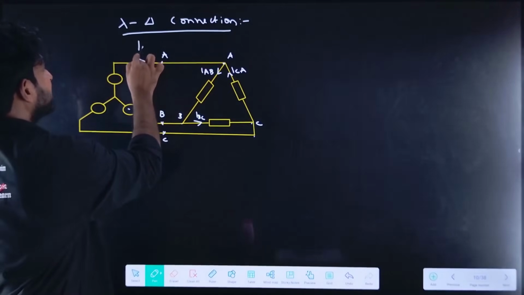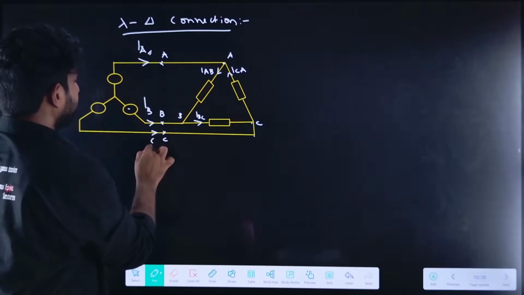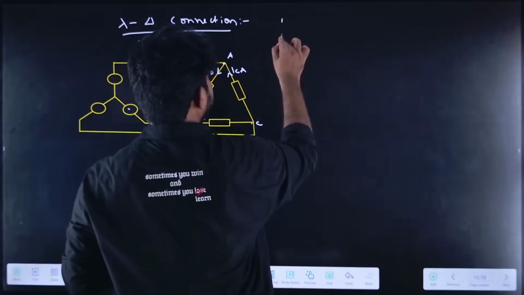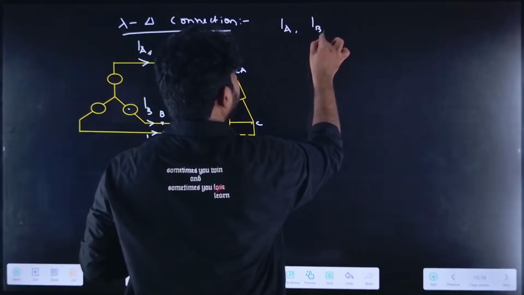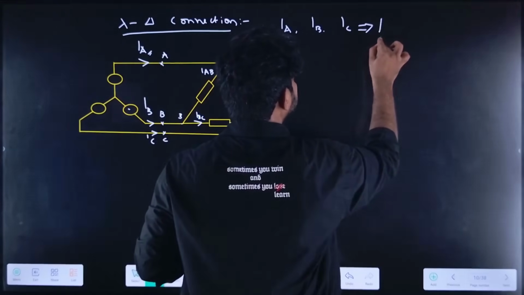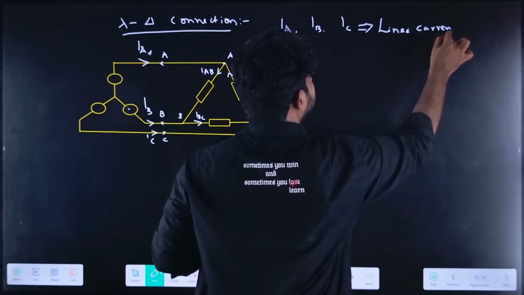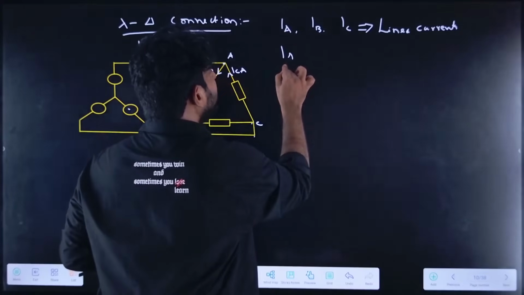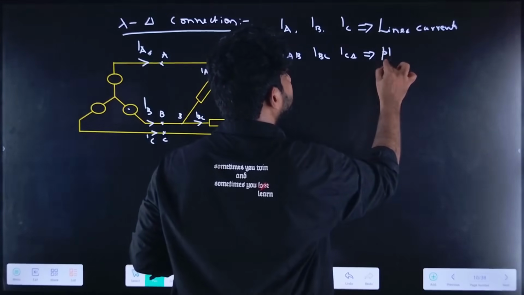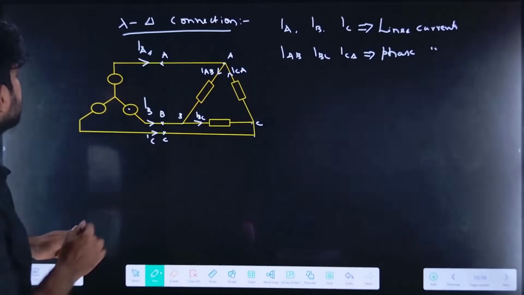IA, IB and IC are the line currents, and IAB, IBC and ICA are the phase currents. Simple.